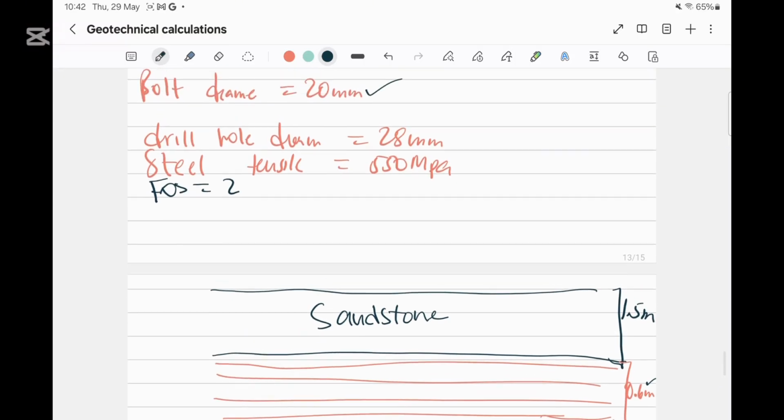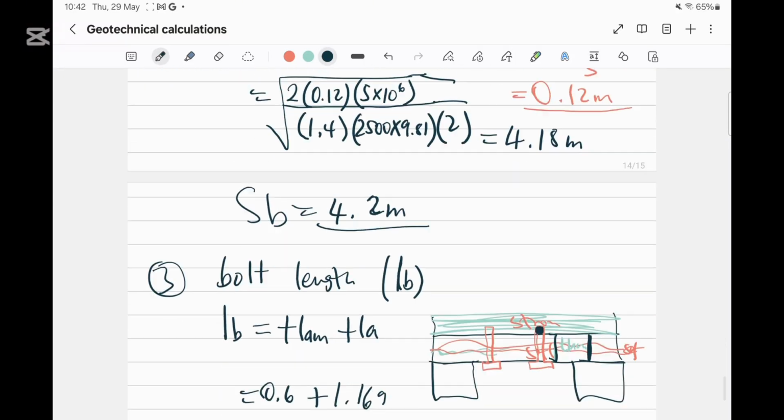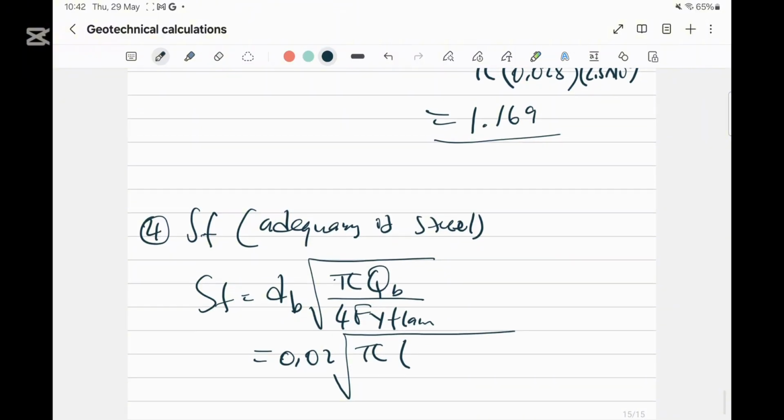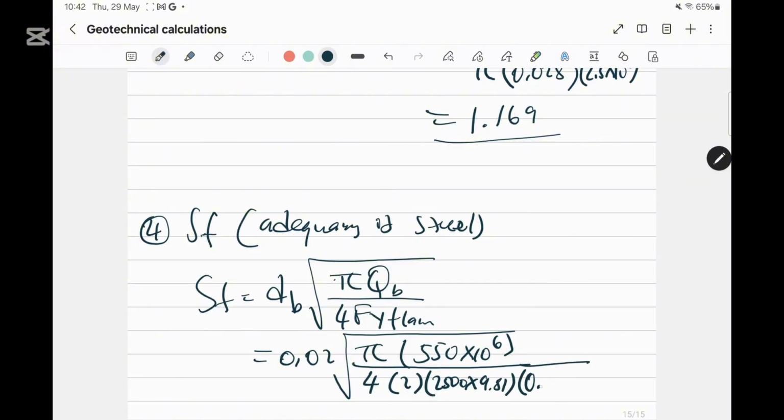So it's given as 550. So you're going to have 550 times 10 to the power of 6 over 4 times a factor of safety of 2. Then this one is the same thing we've been doing. The TLM is 0.6.